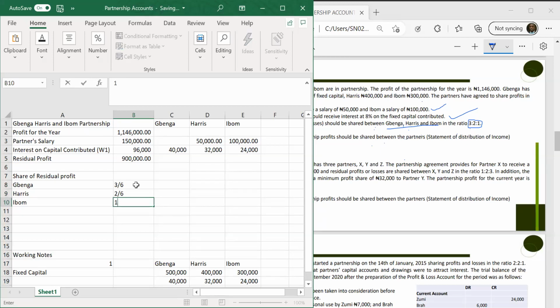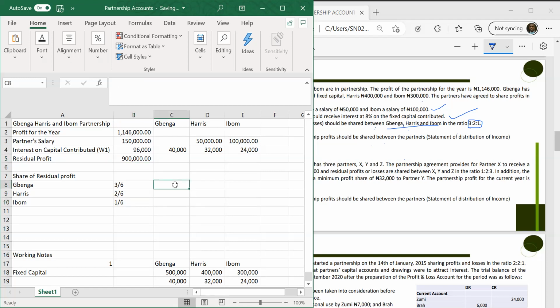And this one will be 1 divided by 6. These figures that we have gotten here is how we will share this 900,000. Benga will take 3/6 of 900,000. Harris will take 2/6 of 900,000, and Ibom will take 1/6 of 900,000.